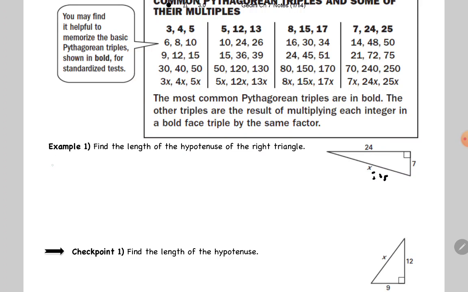So we have the equation a squared plus b squared equals c squared. When doing these, you always need to determine what is c. C is your hypotenuse. It's the longest side of the triangle. It's always opposite of the right angle, so that side is x.